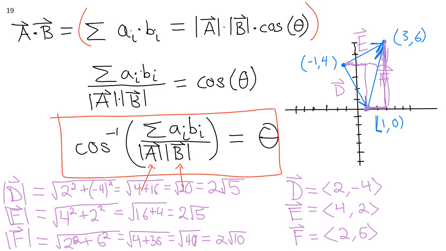Yeah, the tail. And then you went 2, down 4, so that's how you got that one. Then E, you went to the right 4, up 2, but then F, why did you do the bottom one? So F goes like this. This is the tail, and this is the head of F. Oh, right, okay. It doesn't matter. If you change the direction of F, this angle stays the same. Okay, yeah. All right, thank you. No problem.